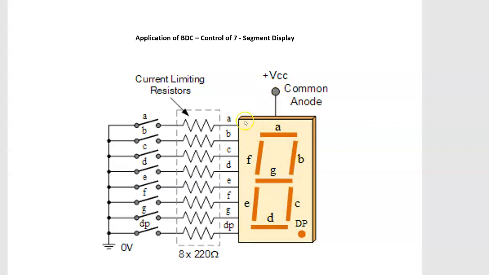If I close A through G, leaving the decimal point open, it's going to make the digit 8. So with this 7-segment display, I can display the numerical symbols 0 through 9, and I have the option of a decimal point if I want it.